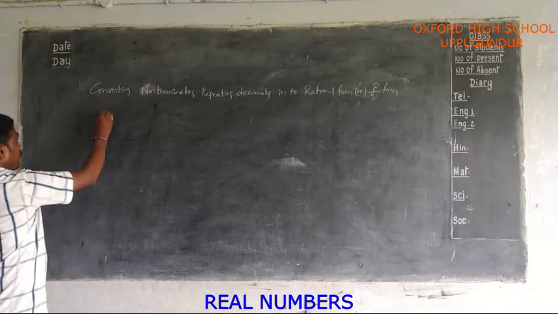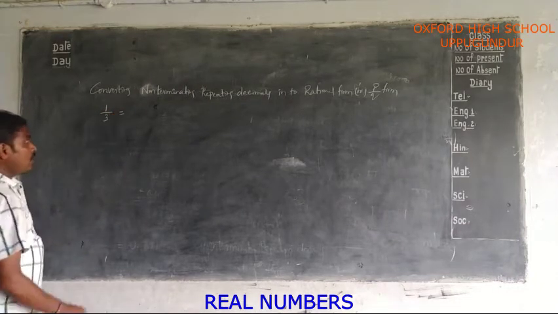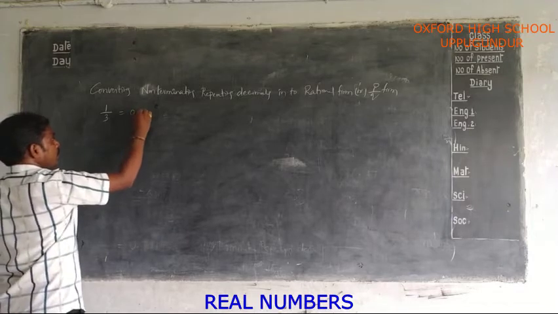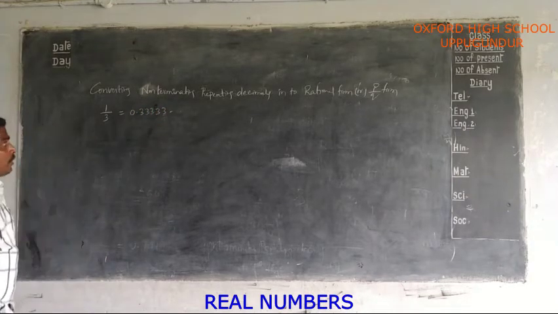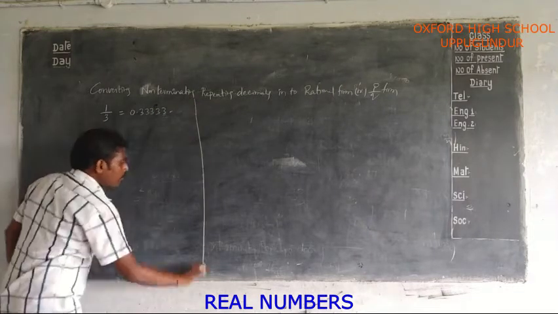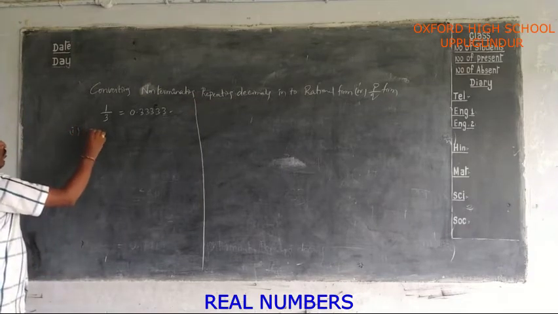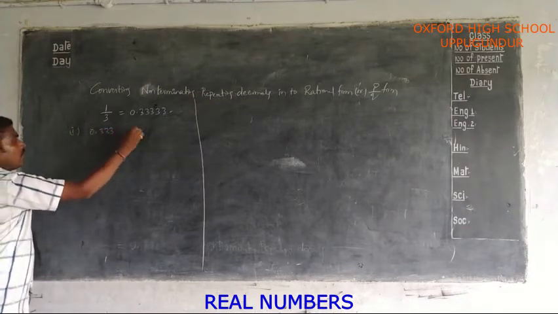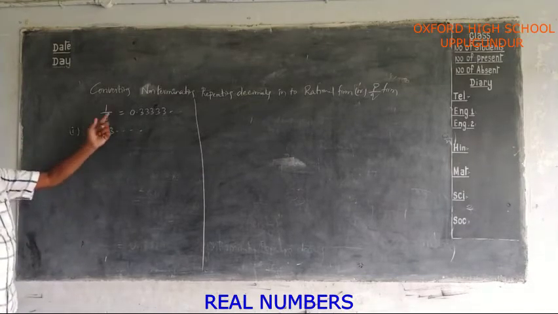Suppose 1 by 3 is there. 1 by 3 means 0.33333 and so on. So how will you convert 0.333 and so on into P by Q form? How will you convert this non-terminating repeating decimal into P by Q form?